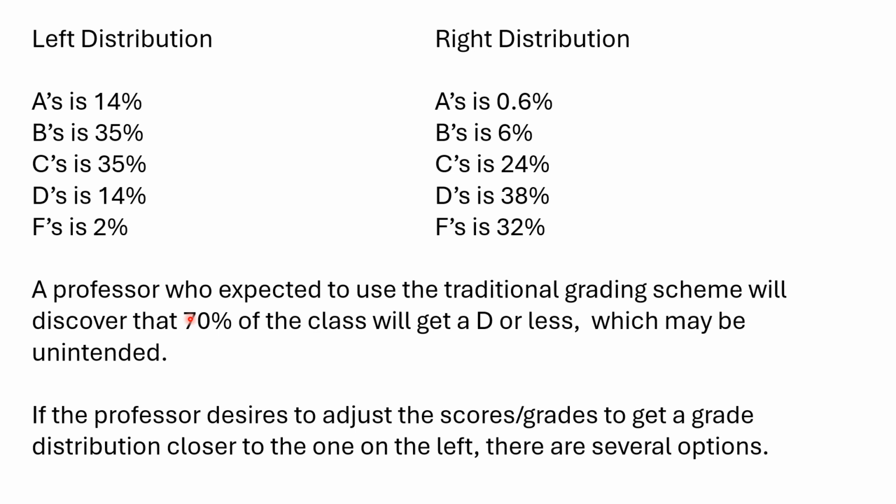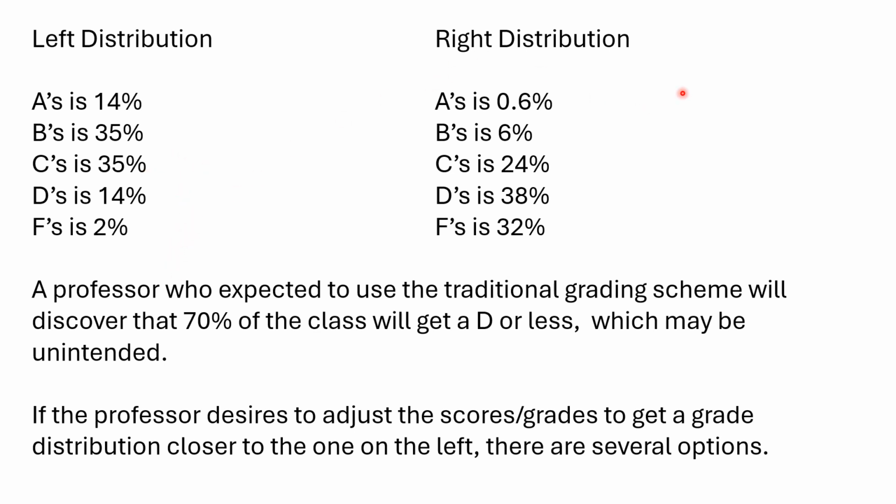Okay, so here is the breakdown of the letter grades. On the left here, if we actually had a distribution of exam scores according to the left distribution, then 14% would earn A's, 35% would earn B's, and 35% would also earn C's, and so on.